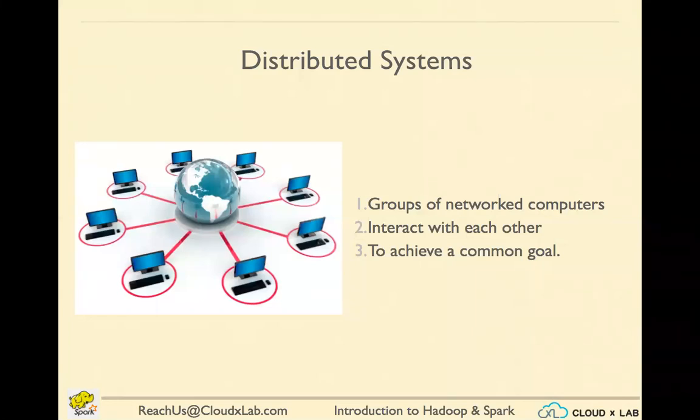Distributed systems are the reason why the whole big data movement has started. As we go ahead, you will realize that when we say big data tools, we are actually talking about tools that help us in distributed computing.